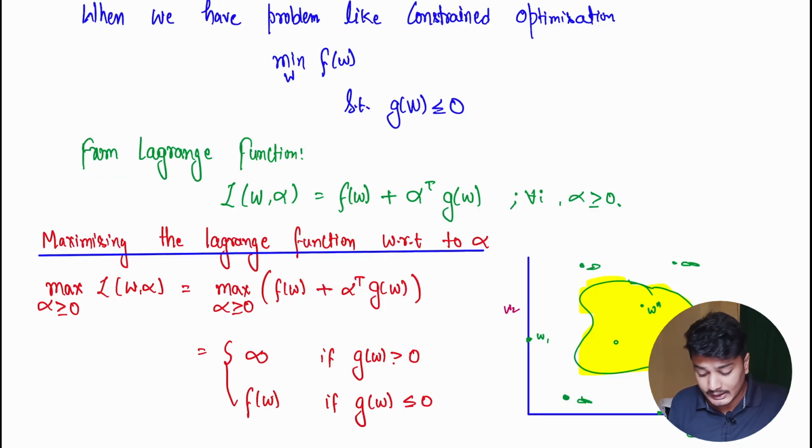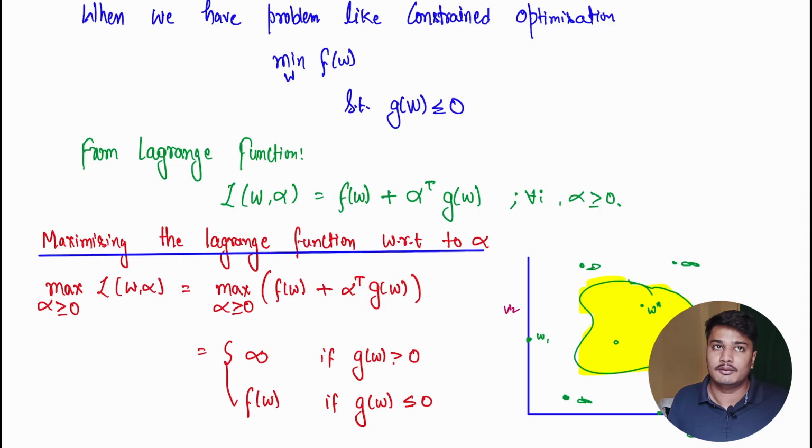What is this Lagrange function? The Lagrange function L(w, alpha) is equal to f(w) plus alpha transpose g(w), for all i, with alpha greater than or equal to 0. This is the Lagrange function we used earlier to solve constrained optimization problems.